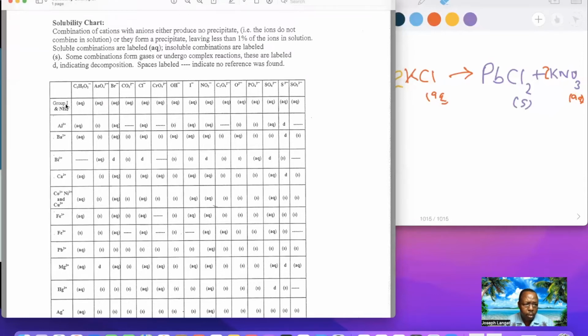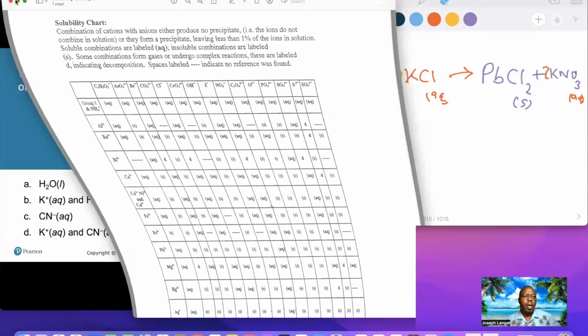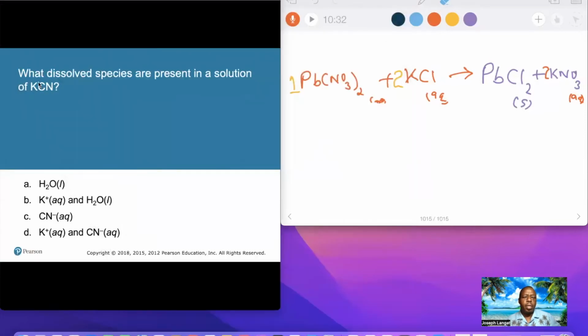Group 1 metals with cyanide, we know they are all soluble. I don't have cyanide here, but group 1 compounds are soluble. KCN, there is the cyanide.